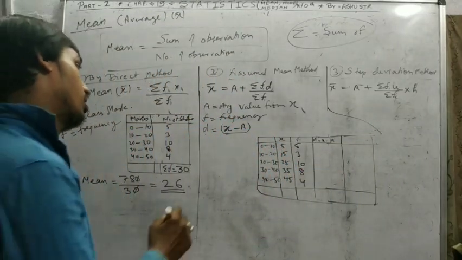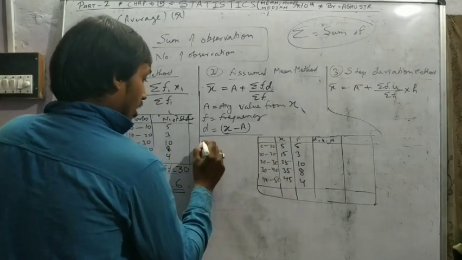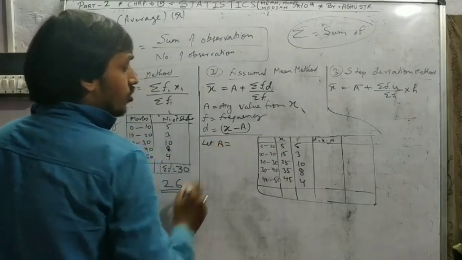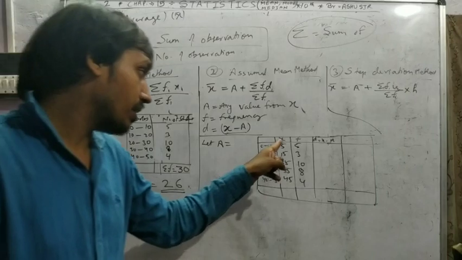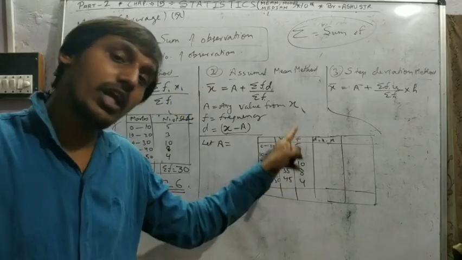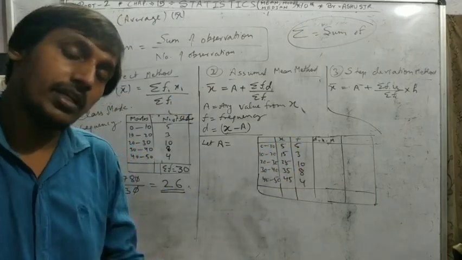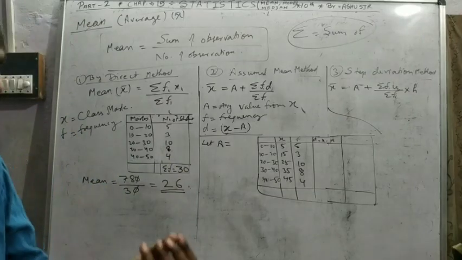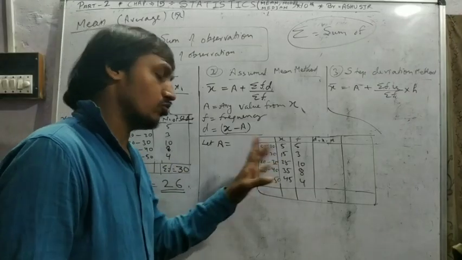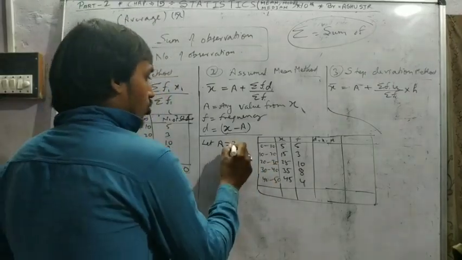Let a be equal to any value from x, you can take any value, but my suggestion is to always take the mid value, 25.